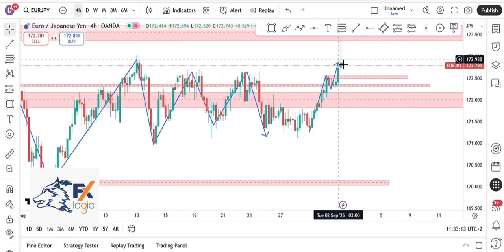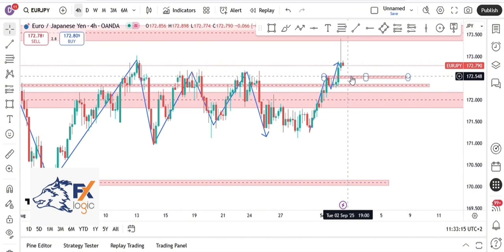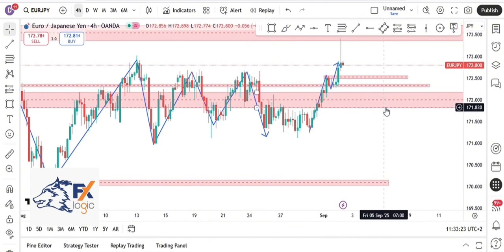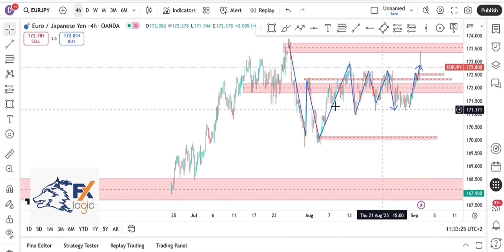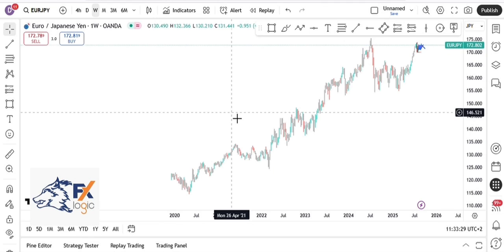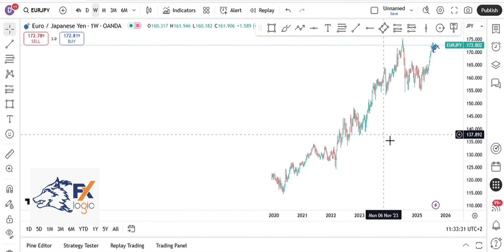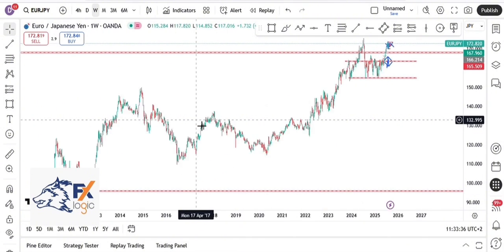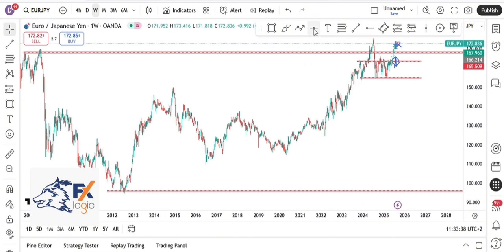So that when we have a retest to this level, I could buy, and my stop loss could be around here. All right, and my target is going to be the next support and resistance level on the weekly time frame. I will know about that support and resistance level, right?